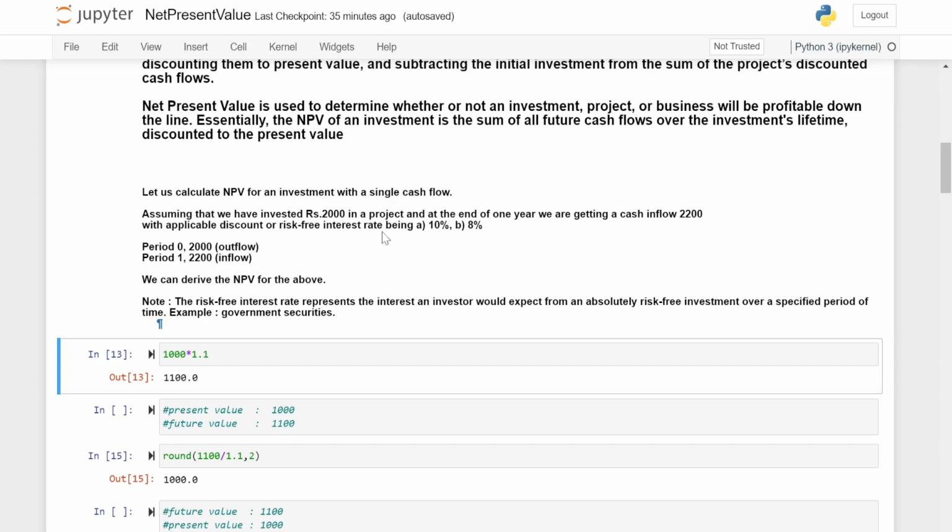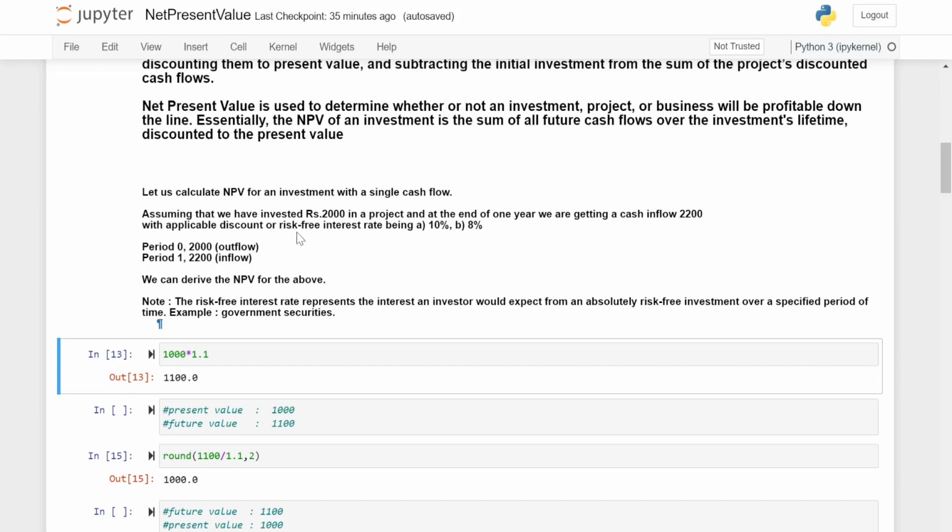These are the figures given to us. How much are we investing? 2000. After 1 year, we are getting 2200 rupees. We have to calculate net present value, assuming that the risk-free interest rate is A 10%, B 8%. So we will consider first 10% and then 8% and then try to derive net present value.